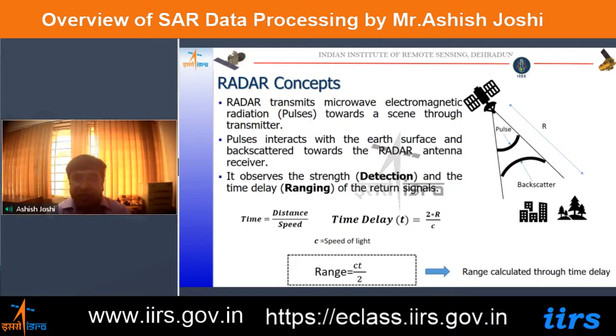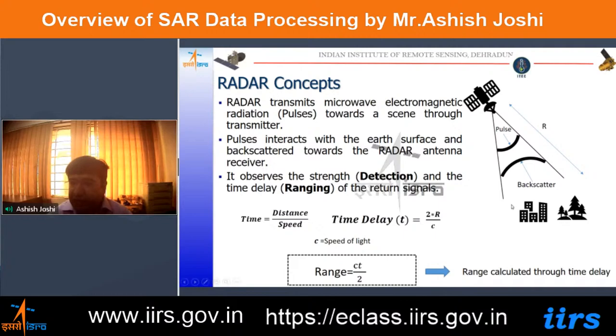So what is radar? Radar transmits microwave electromagnetic radiations, also called pulses, towards a scene through the transmitter. It will transmit the pulse towards the Earth's surface, and these pulses will interact with the targets on the Earth's surface.